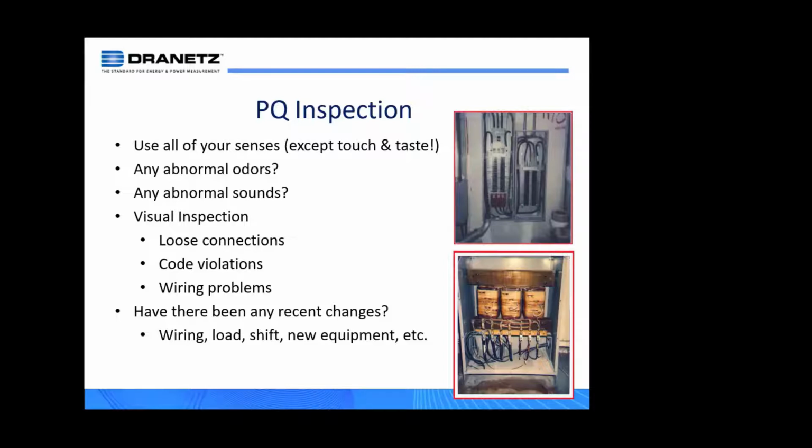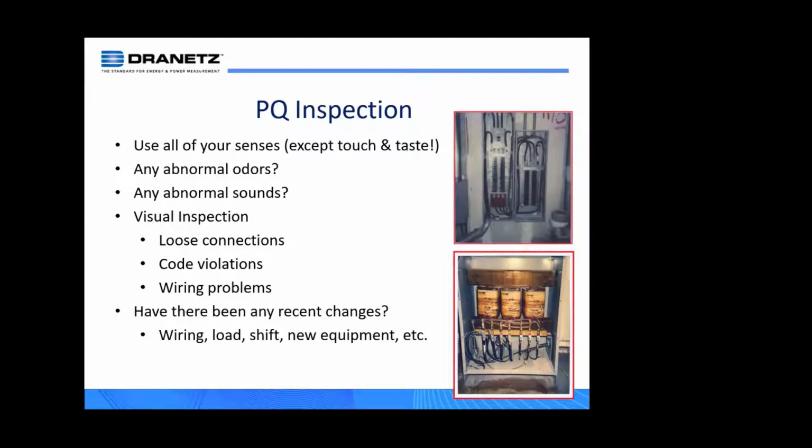I've been involved in many applications with new construction where you've had PQ problems as a result of wiring errors. So always look for that. And ask questions. Have there been any recent changes? Any new equipment been added? Any wiring? Any load shift? Things of that nature. So this is all part of what I call the inspection stage.